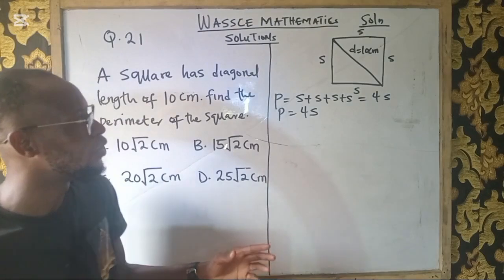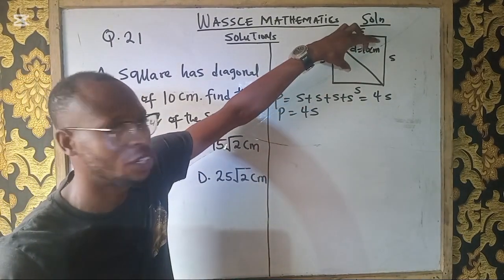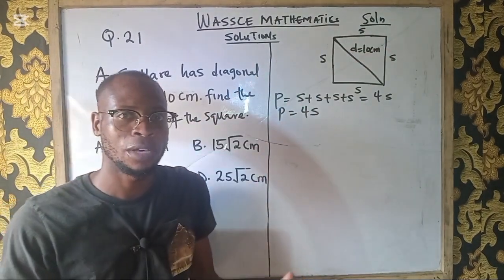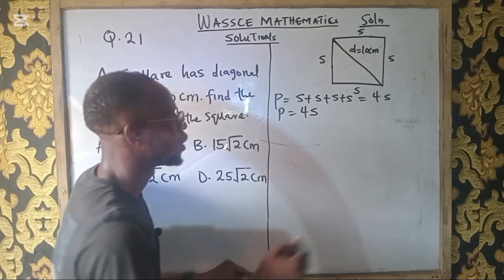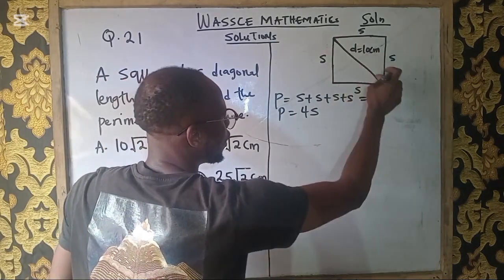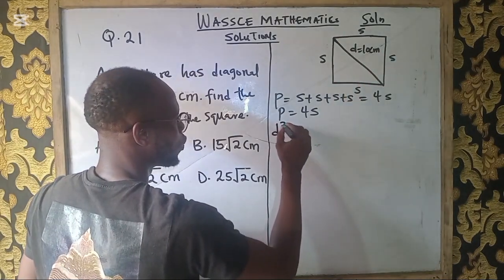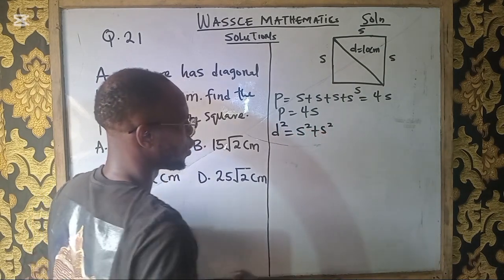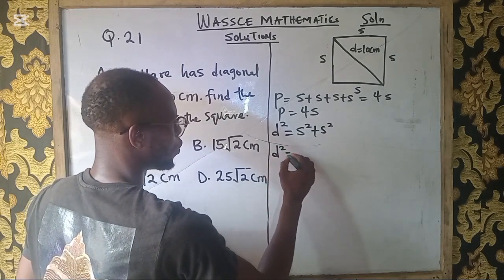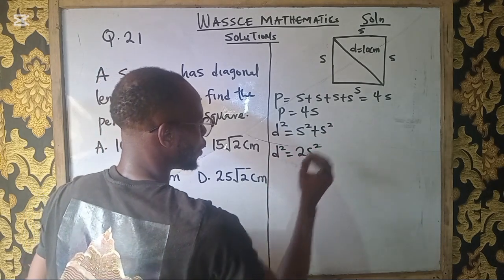If you look at what we have inside that square now, we have a right-angled triangle, which means you can apply Pythagoras theorem to that to solve the value of S. So applying Pythagoras theorem, this is the hypotenuse side. So we are going to have d squared equals S squared plus S squared. And this will give us d squared equals 2S squared.